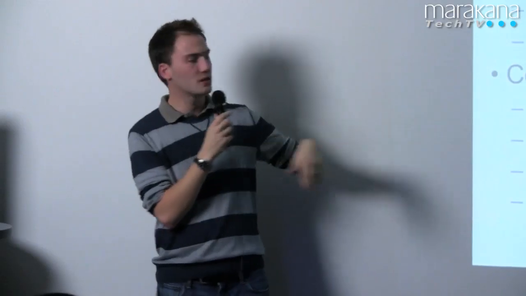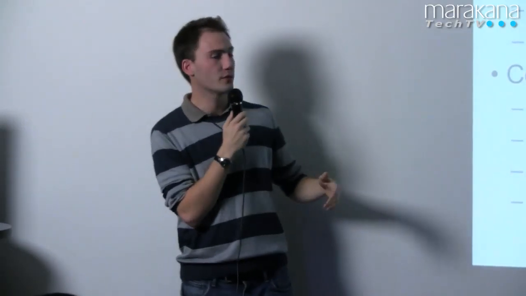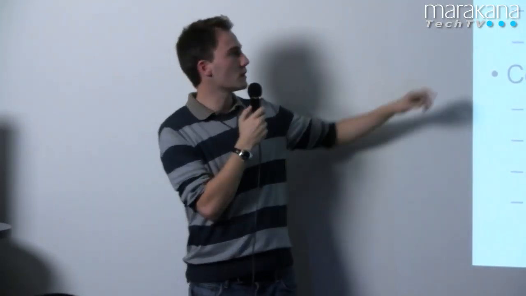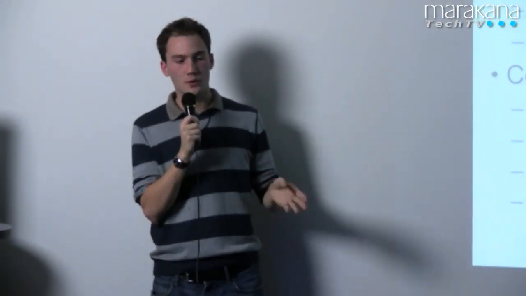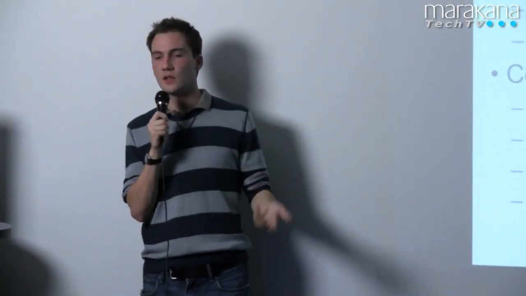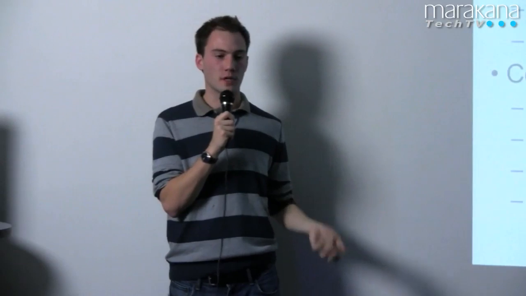So there's a bunch of modes. They're not all very useful. Two of the most commonly used ones are called source over and destination out. We won't go into the details here. You can find great papers online about Porter and Duff. But the point is, as part of our blending modes, we also have other types of blending modes that you can find in tools like Photoshop or the GIMP.